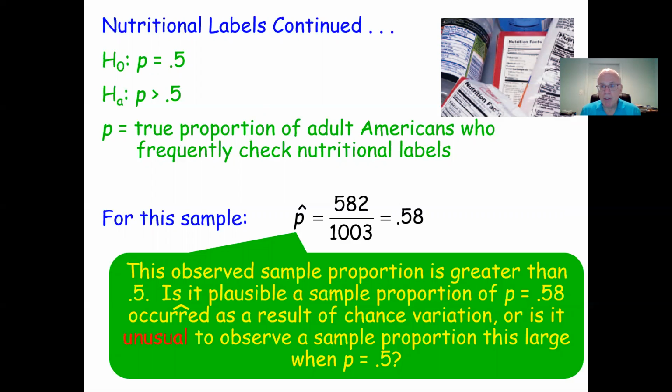In other words, we reject the null hypothesis and conclude that our population proportion is actually greater than 0.5. The way we're going to do it is to take the probability that p hat is at least as big as 0.58. We're going to look at that probability and see if it's unusual. Unusual would mean a low probability.